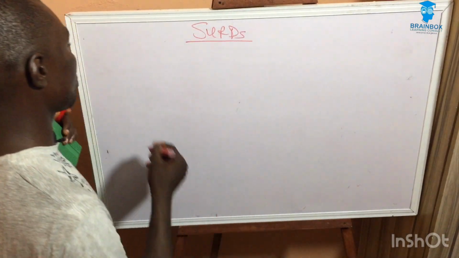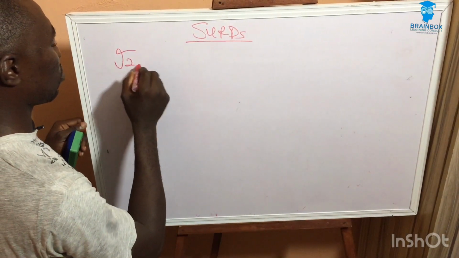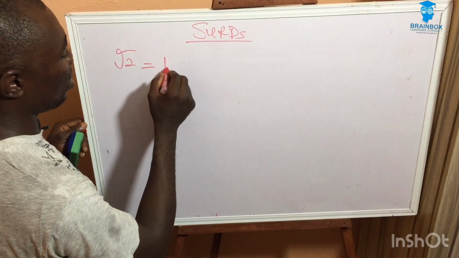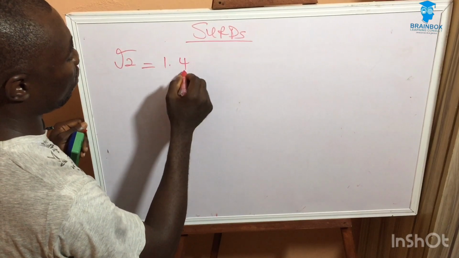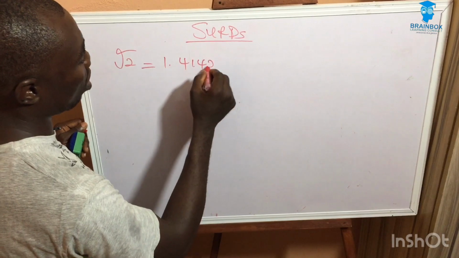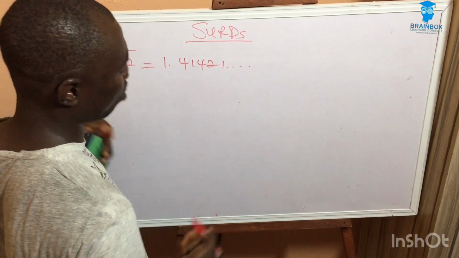Like we were saying before the break, irrational numbers are very difficult to deal with when it comes to mathematics, hence the introduction of surds. Surds help you solve irrational numbers. For instance, root 2 will give you about 1.41421, and it goes on.